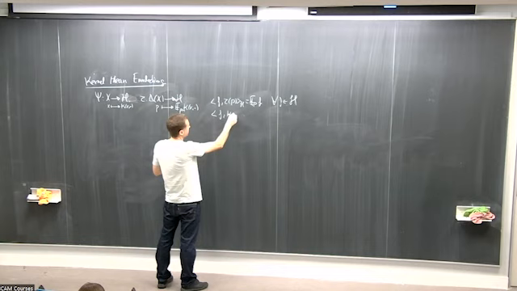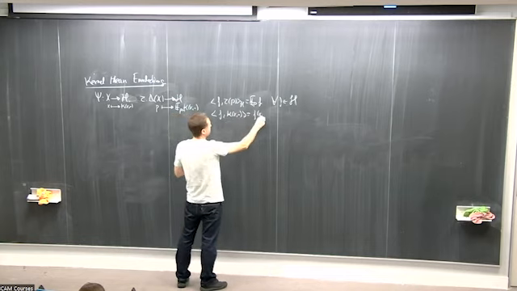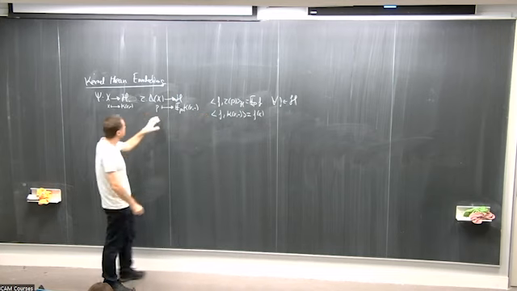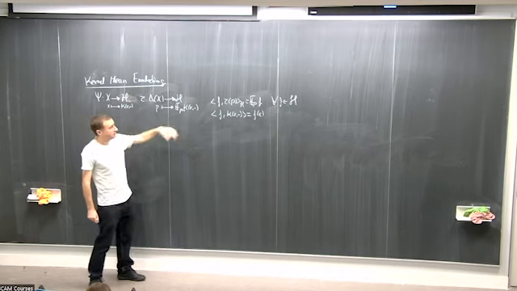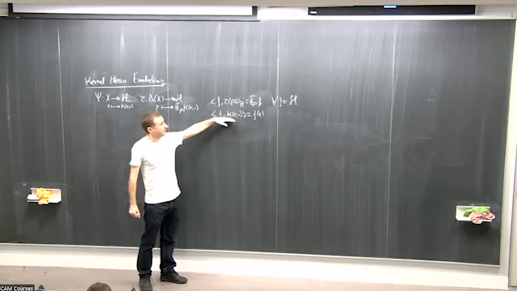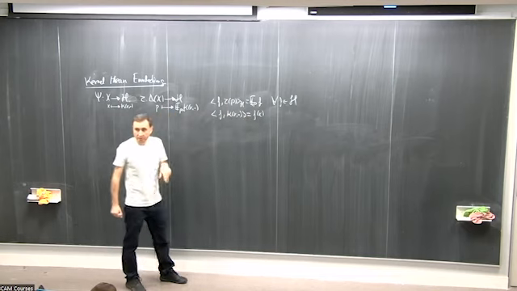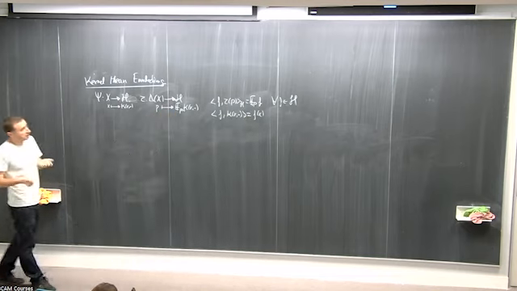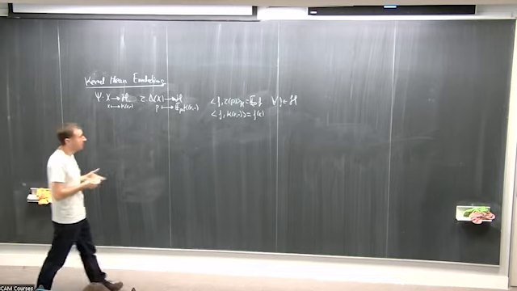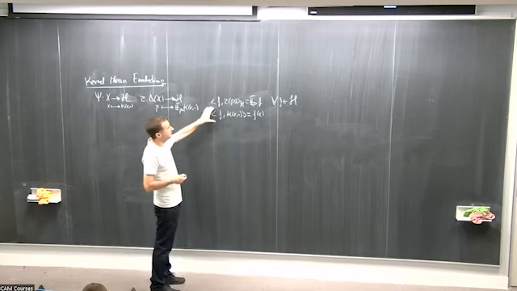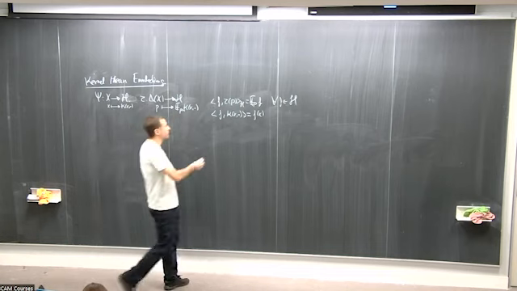The reproducing property says that this is f of x, and since the kernel mean embedding extends this linearly, by linearity of the inner product, we obtain this. So we did a proof based on this representation, but at the end, having this result is a direct consequence of the reproducing property.